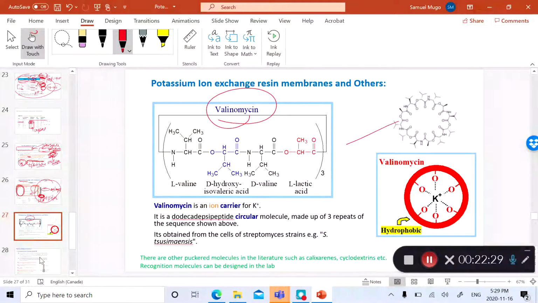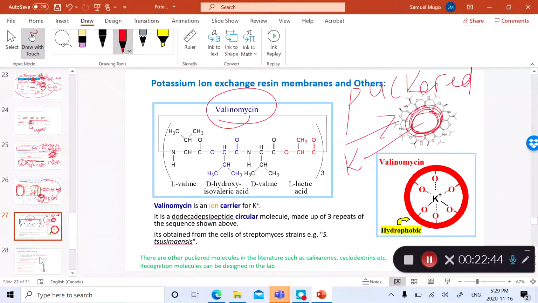See, these are compounds that have got a hole in between. Sometimes they call them Packard molecules, meaning they've got a hole. And the size of this hole can fit a very particular ion, like potassium in this case. And that way you've already made a membrane that is selective to potassium.